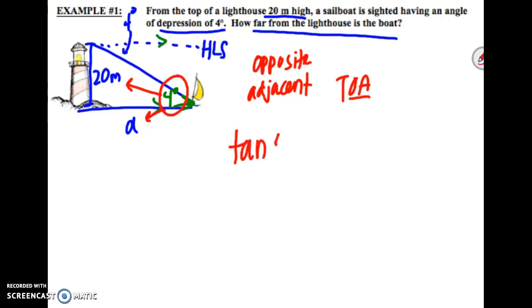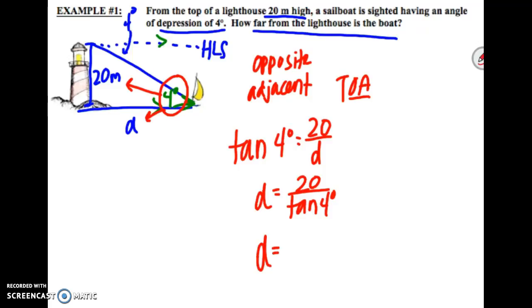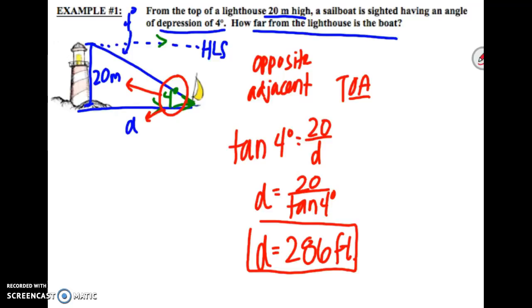So we'll take tangent of 4 degrees, which is opposite over adjacent, so 20 over D. Multiplying by D and dividing by tangent of 4 gives us D equals 20 divided by tangent of 4 degrees. Remember, we're dealing with degrees, not radians, so we need to make sure our calculators are in degree mode. So then D equals 286 feet. So we know that from the lighthouse to the boat is 286 feet.